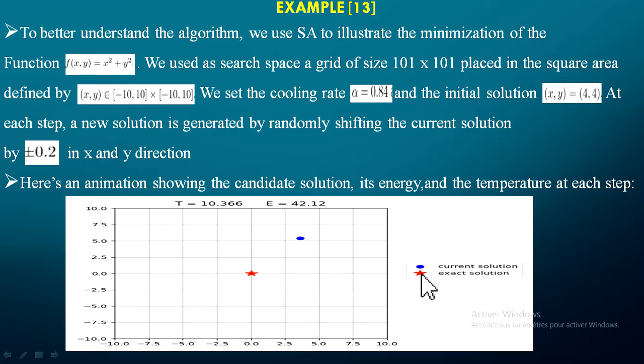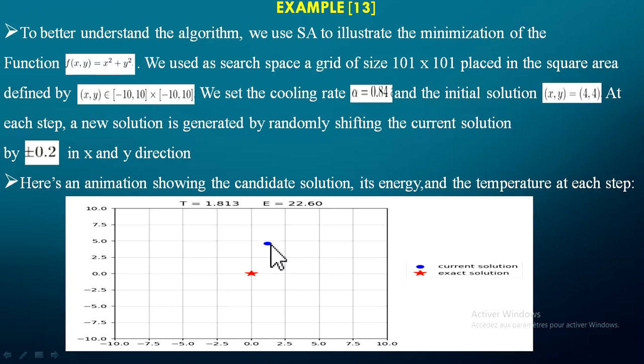The red point is the exact solution, or the global minimum, because we are in the minimization case. We see here the decrease of the temperature, and here the evolution of the energy, which is the value of this function f(x, y), because we have two variables.